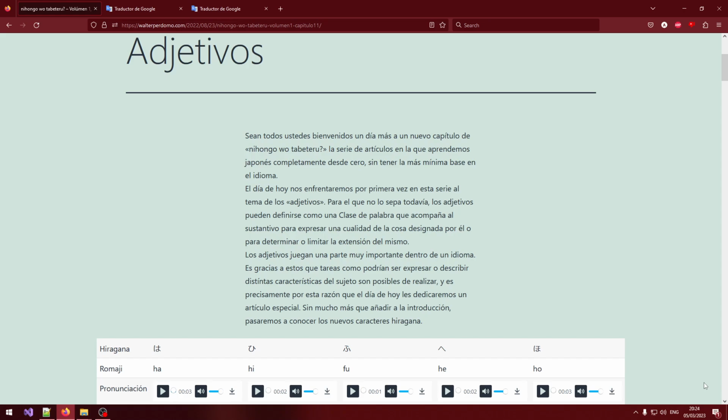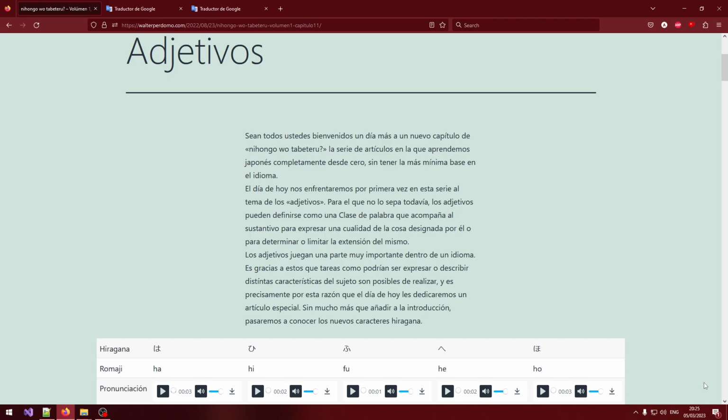What are adjectives? Adjectives are such an important part of a language. Basically, adjectives help us to describe, to give more descriptions to what we want to say.